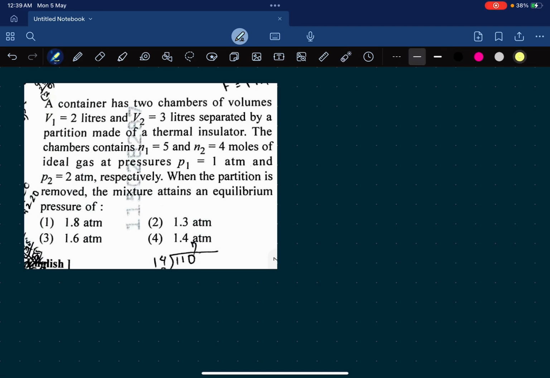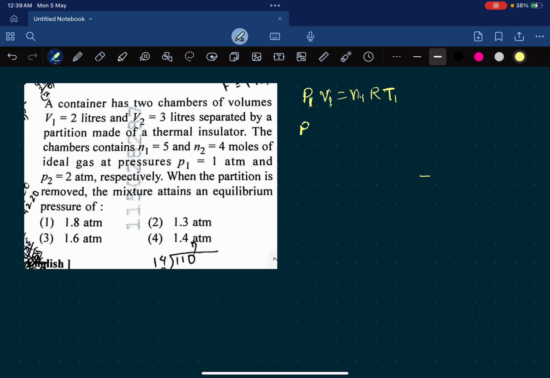So first of all, before mixing, let's understand what happens. Before mixing, P1 V1 equals N1 R T1. This is for the first chamber, okay?